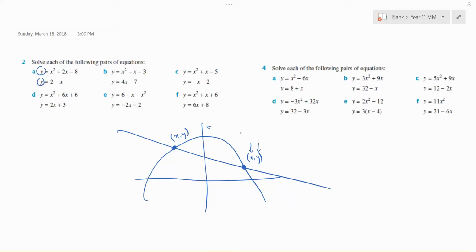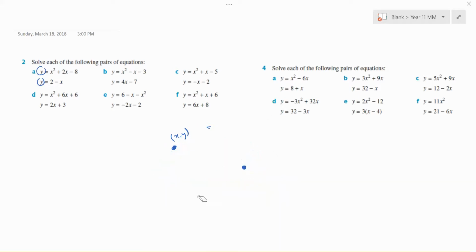For example, question 2a: if these two do intersect, then these two equations have the same y value. If they both have the same y value, then since y equals x squared plus 2x minus 8, that must also equal 2 minus x, because both y values are the same.